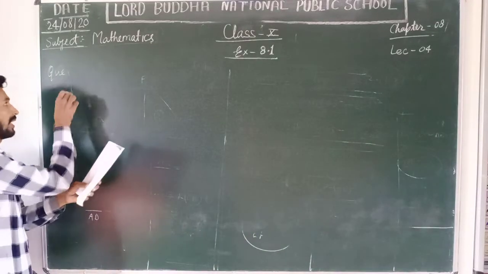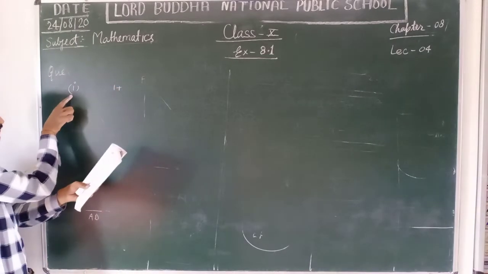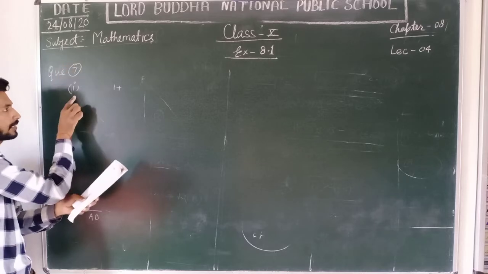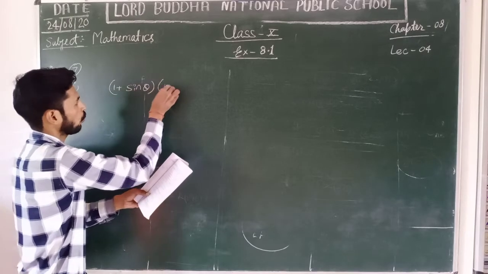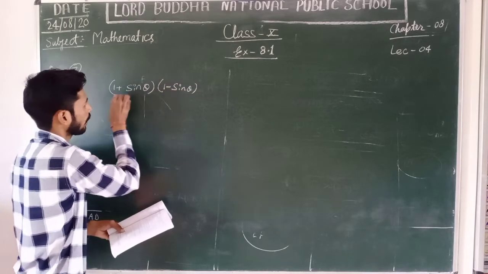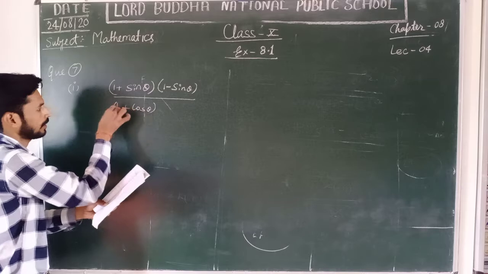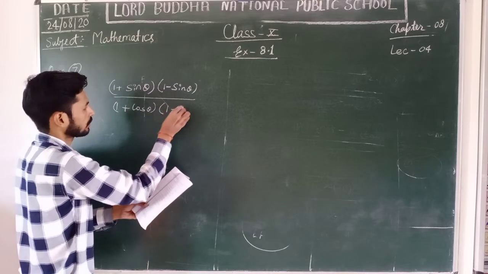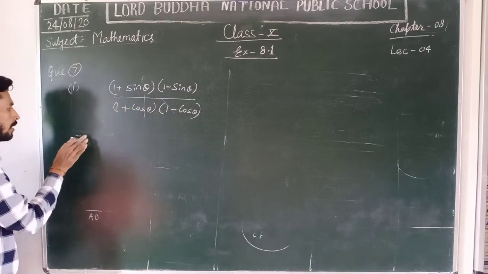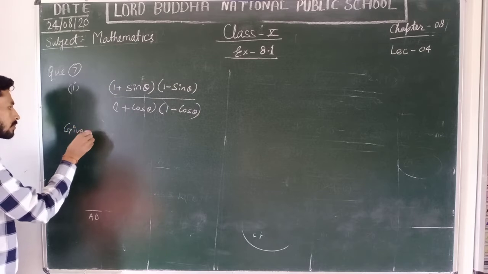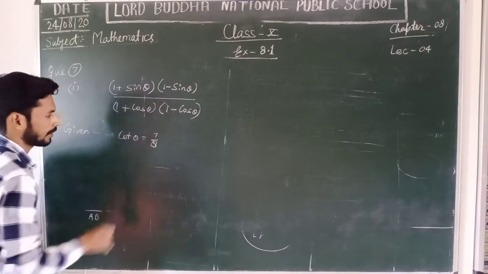Then the first part of question number 7 is: 1 plus sin theta, in the next bracket 1 minus sin theta, upon 1 plus cos theta, and in the next bracket 1 minus cos theta. We have to find the value of this ratio. Given cot theta equals 7 by 8.